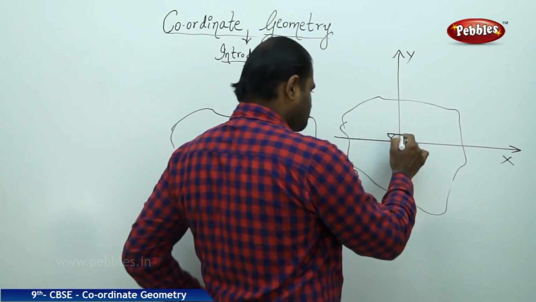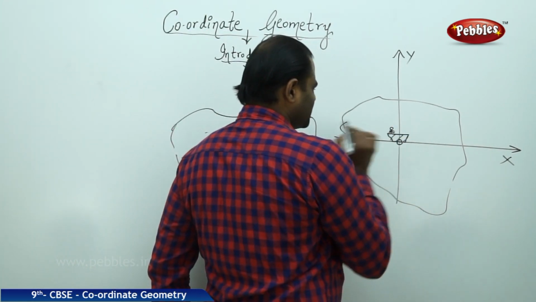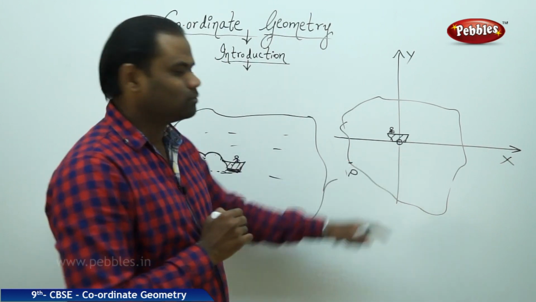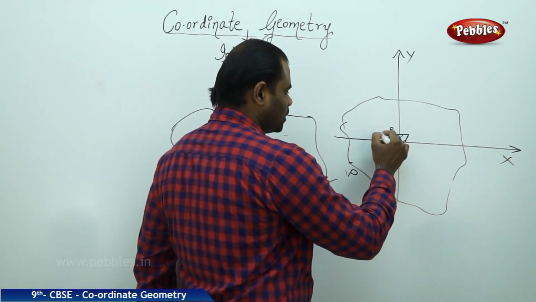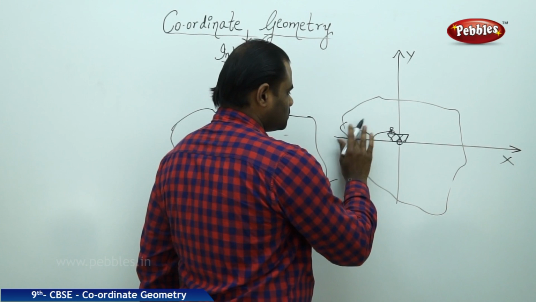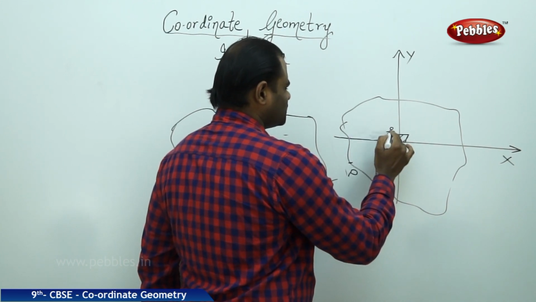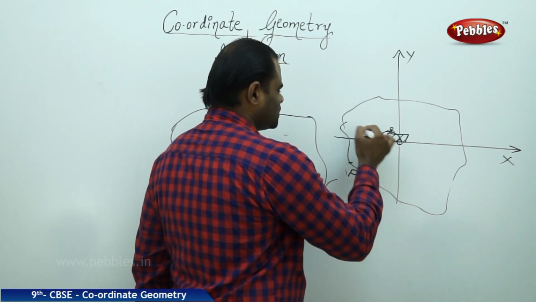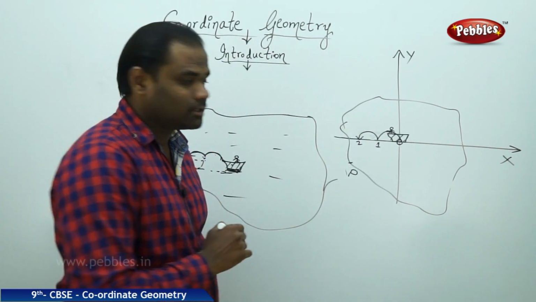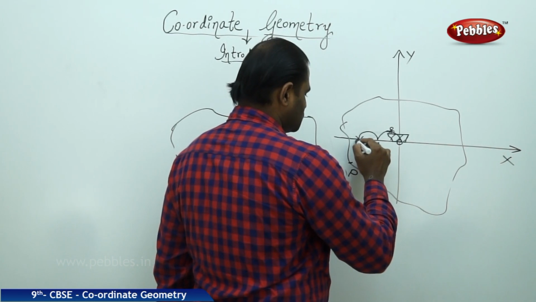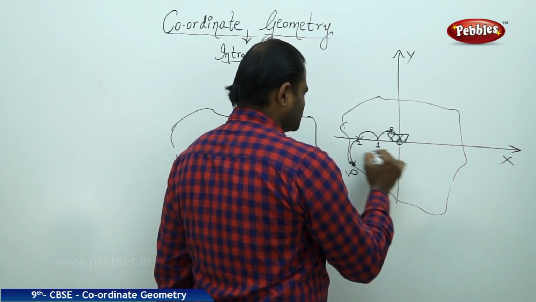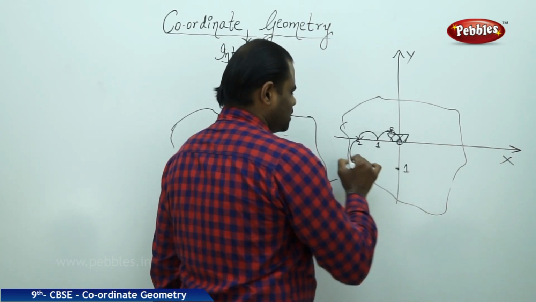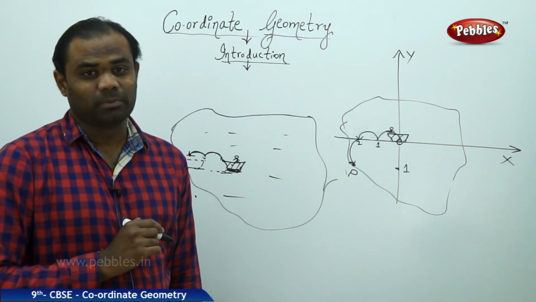A person standing here in the ship in the sea would move 2 units, 1 and 2 units, to the left, and then he would move 1 unit down. Is how we understand the opening problem.